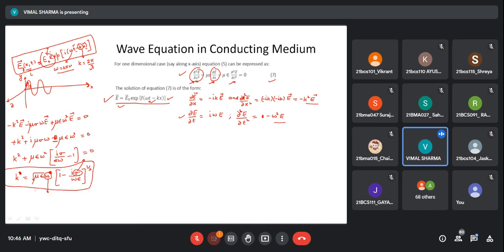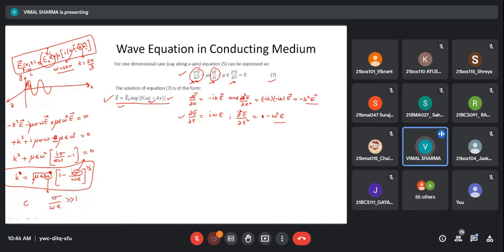Okay, now what we can see is that I can write this as, let me say that if this sigma divided by omega epsilon is very, very greater than 1, then I can neglect 1 and I'll be left with this. And this means what?